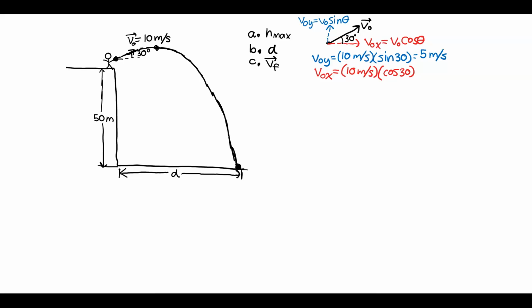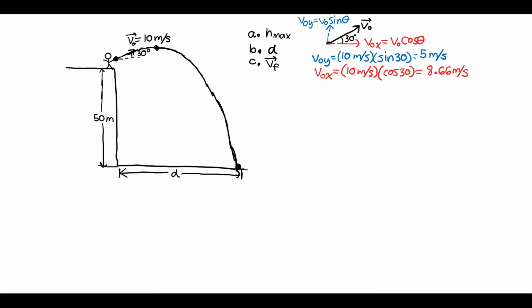And that gives us about 8.66 meters per second. So that's our x component. Now, the x component remains constant in normal projectile motion, so we don't have to worry about the x velocity anymore. The y velocity, well, that's a different story.